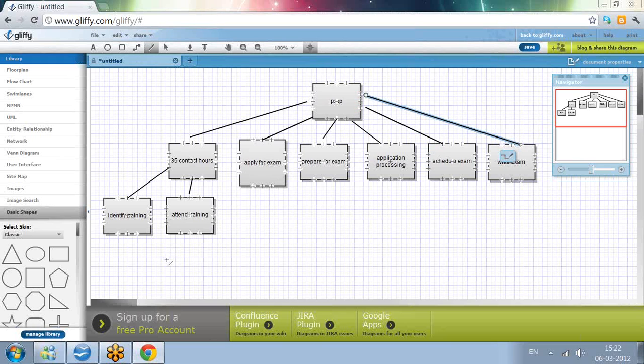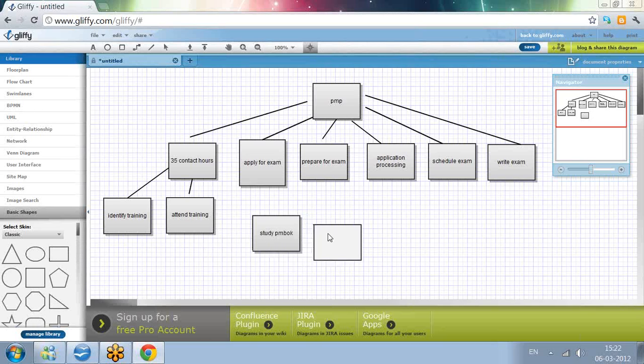Yeah, now identify training, attend training, apply for exam. I don't want to decompose it further. Prepare for exam. Yes, definitely we need to decompose. So to prepare for exam, we have to study the PMBOK, and then again we have to study the course material.